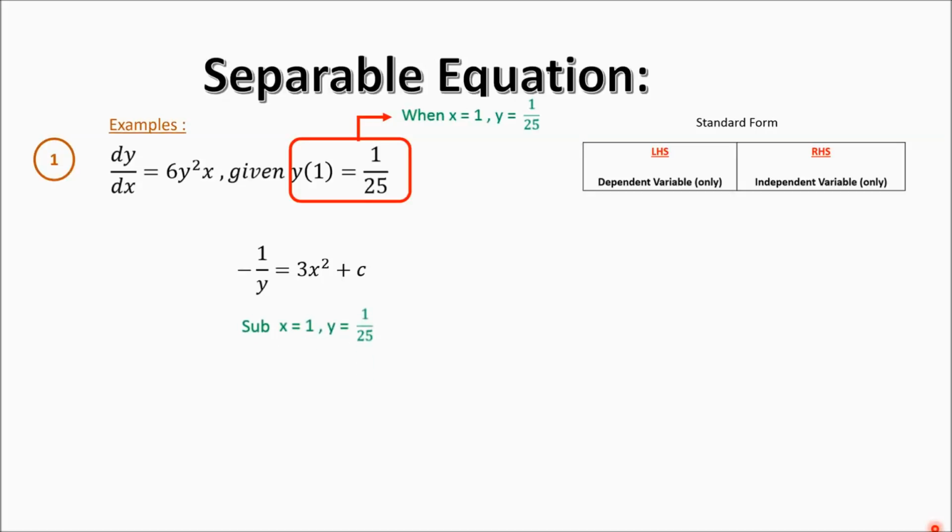So let us sub in all those numbers. So we have the numbers sub into the equation, and can go ahead and solve it. We can find our c, which is negative 25 minus 3, which gives us the answer negative 28.